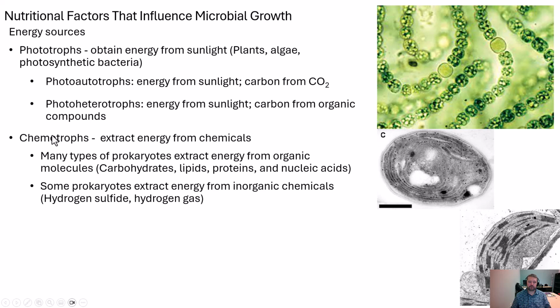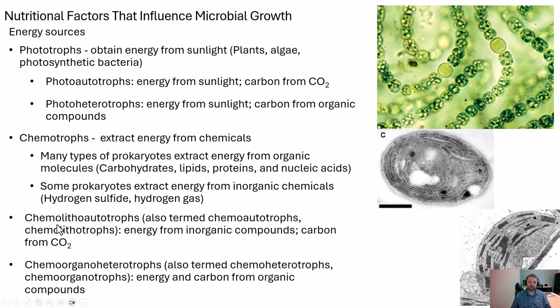Okay, but there are special chemotrophs that can extract energy from inorganic chemicals. So instead of using sunlight to drive the formation of, say, a carbohydrate, they use things like hydrogen sulfide or hydrogen gas, and they can drive it.